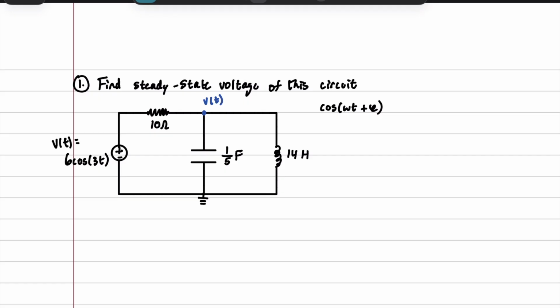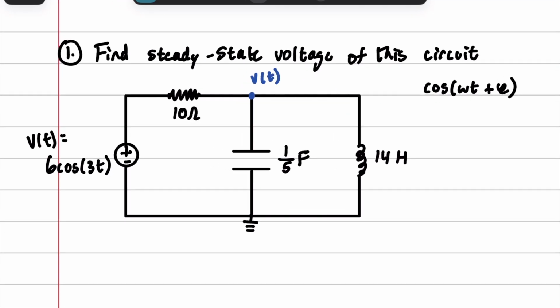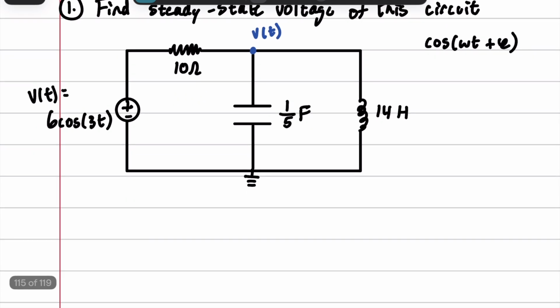Okay, here is the first problem, and it looks pretty simple, and it is pretty simple. Once we get to talking about it, we can actually solve this in a transient analysis. If we had a switch, we could see how the capacitor, how the inductor, how the voltage changes in that transient portion.